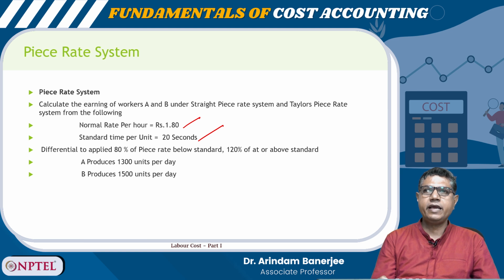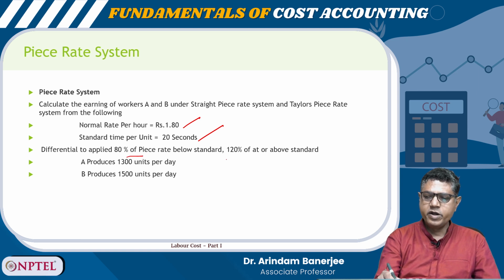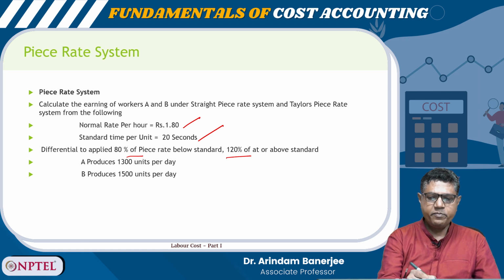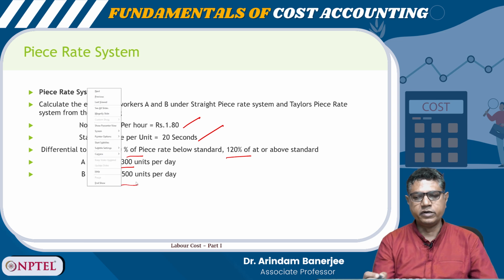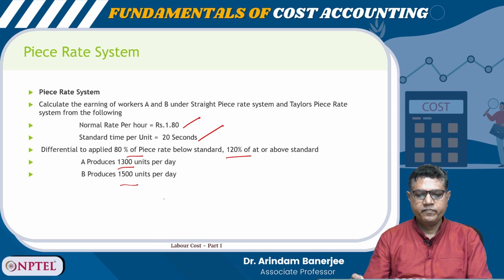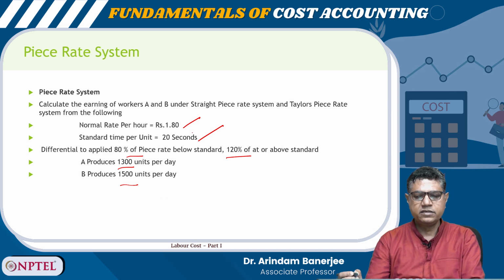Differential to apply: 80% of piece rate below standard and 120% at or above standard. A produces 1300 and B produces 1500.